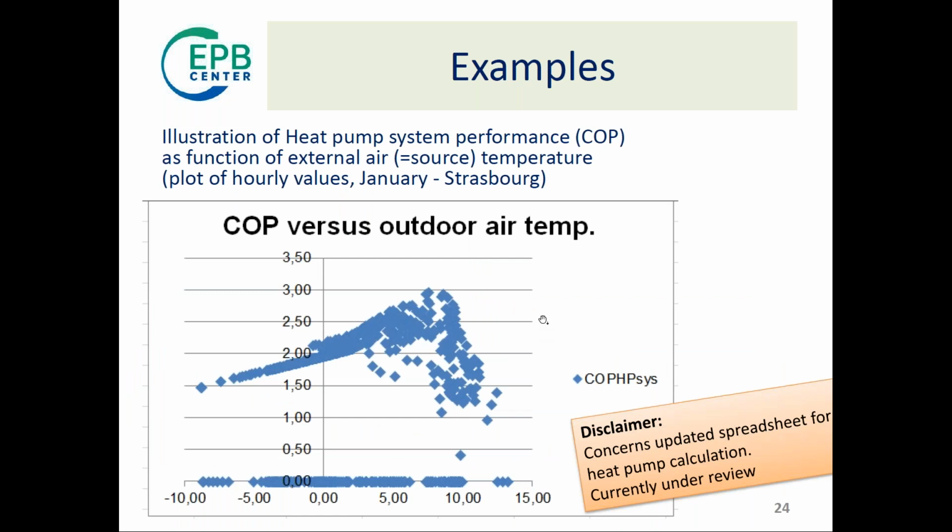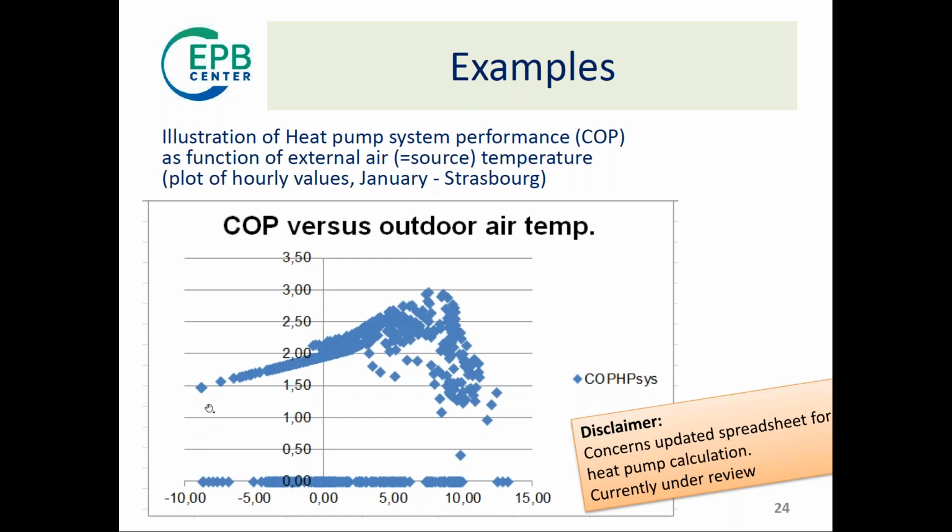And other interesting pictures that can be shown are the performance of the heat pump systems, so the COP, for instance, as a function of the external air temperature, and that's quite relevant because the external air temperature is the source for the heat. External air is the source for the heat pump, and heat pump performance is very dependent on the source temperature, as you know.